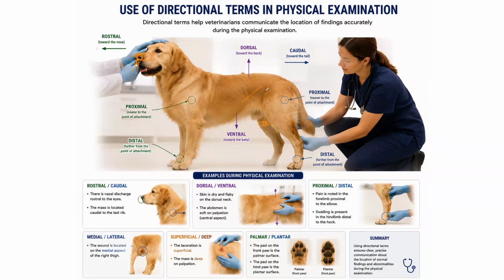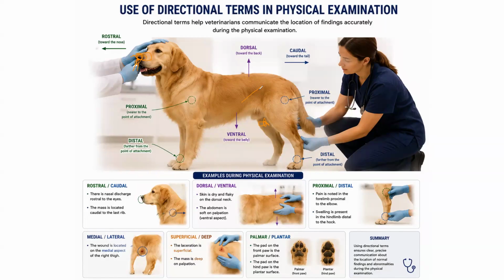So when you now check, you've cleaned the surface of the wound, you now observe that this laceration is just a superficial laceration because it is located on the surface of the skin. But if it is located deep within the skin, that's far away from the surface of the skin, you use the word deep.